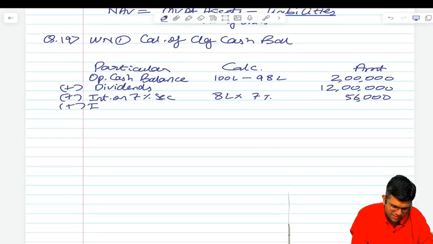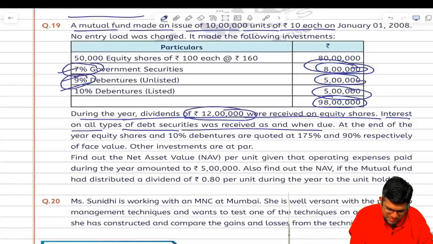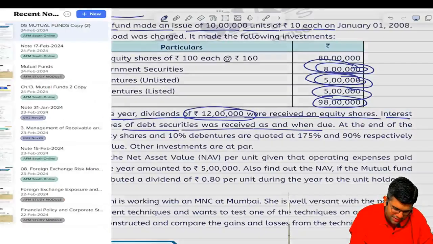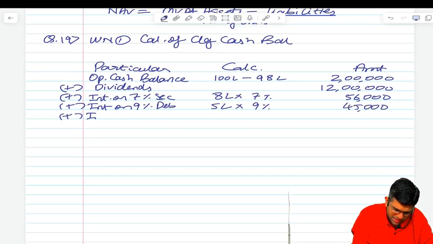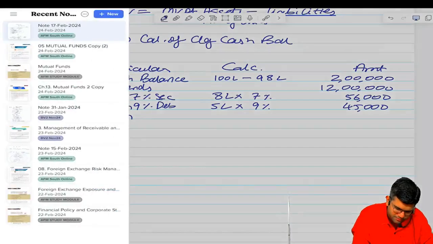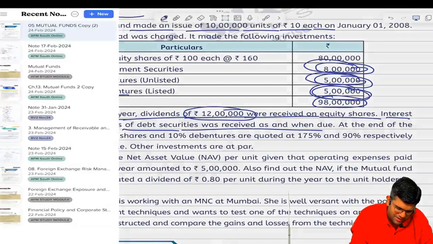Apart from that, I will get interest on 9% debentures, 5 lakh into 9%, that is 45,000. Apart from that, I'll get interest on 10% debentures, 5 lakh into 10%.